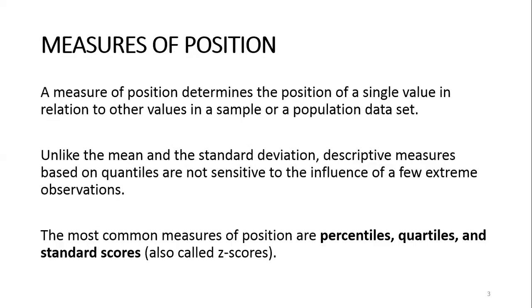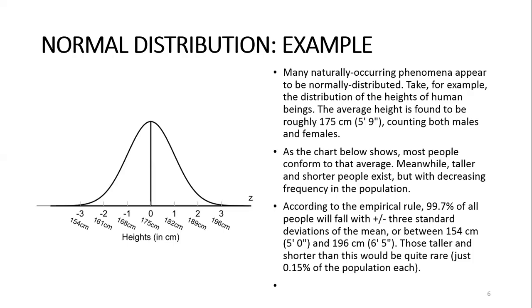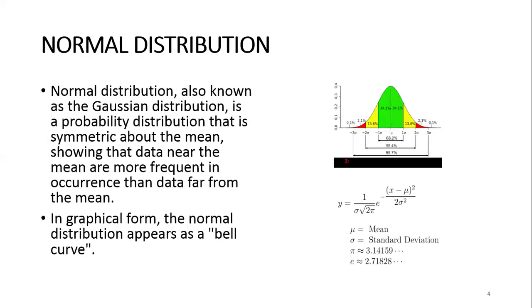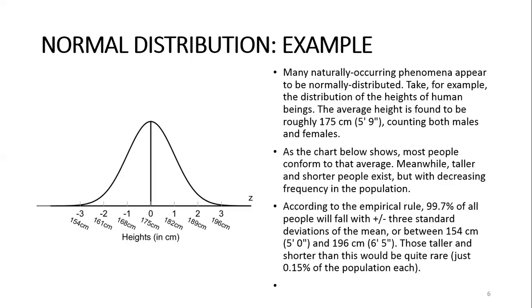Now, for Z-score, I was telling you, Z-score is based on normal distribution. It's based on this. You can see in a normal distribution, at the center, you have 0, then you have this one here which is like a standard deviation.